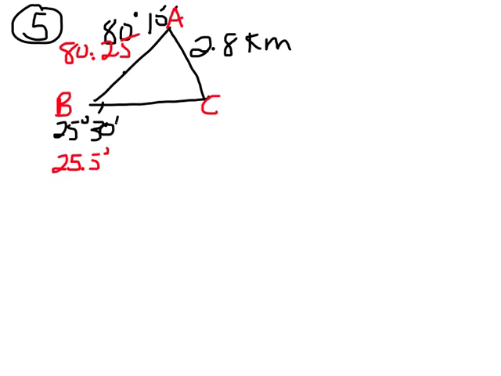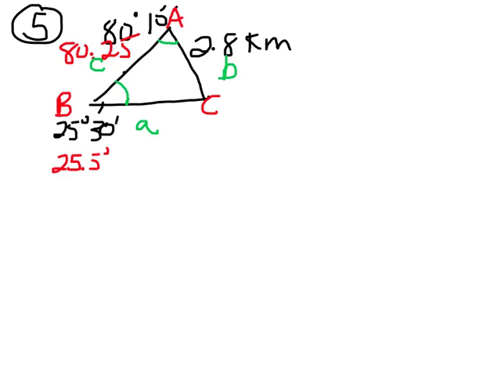Everybody good? Okay, so now if you remember what you had to do with these, you had to label them. Across from angle A, you called that side A, across from angle B, side B, so we'll write little b. The little letters stand for the sides, the big letters stand for the angles. Across from angle C, it's little c. And then the law of sines, this is my favorite one because you basically make a proportion.